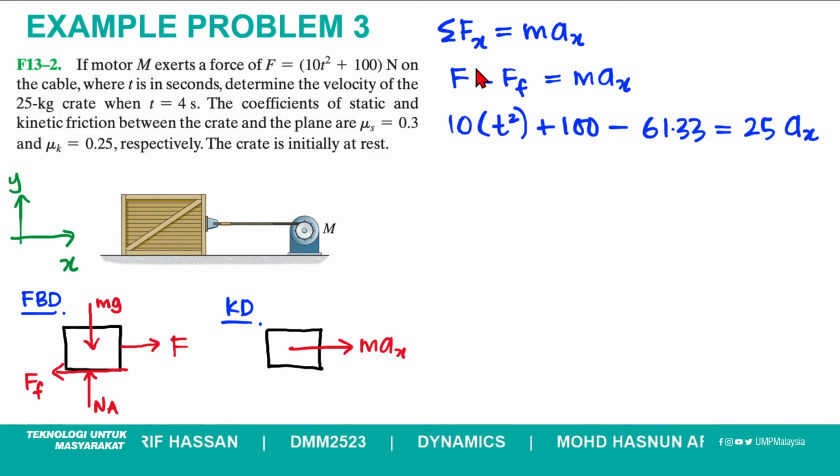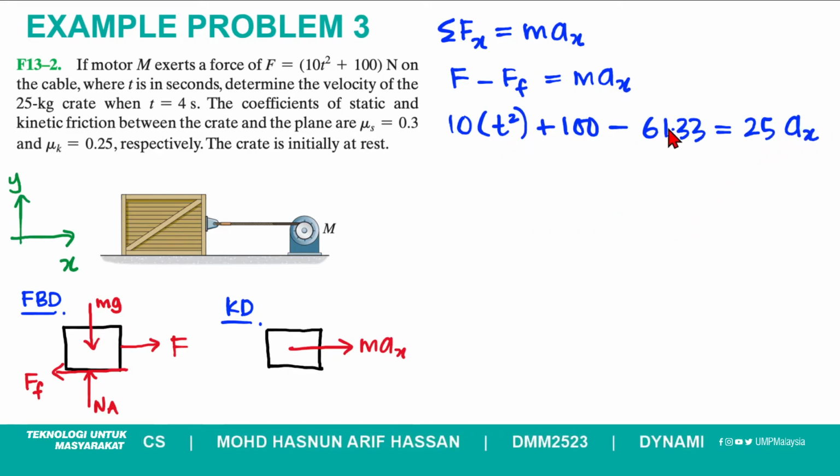The force here is given by this function, 10t squared plus 100. This is the force, depending on time. The friction force we already calculated in the previous slide, 61.33 using mu k. We have justified why we use mu k. Mass is 25, so 25 ax.